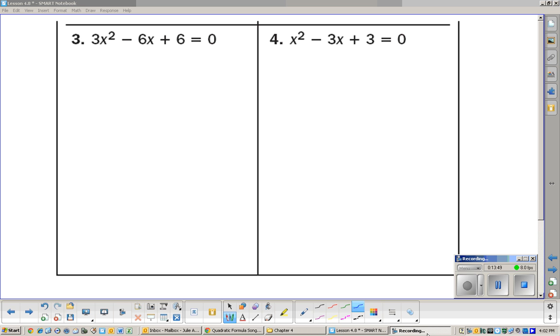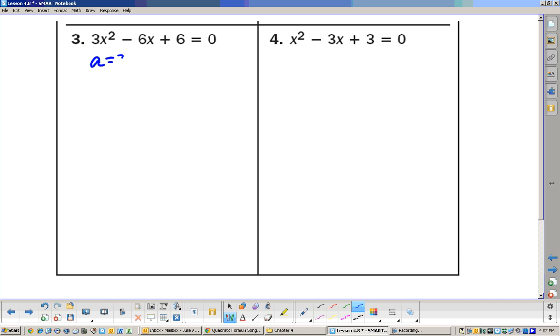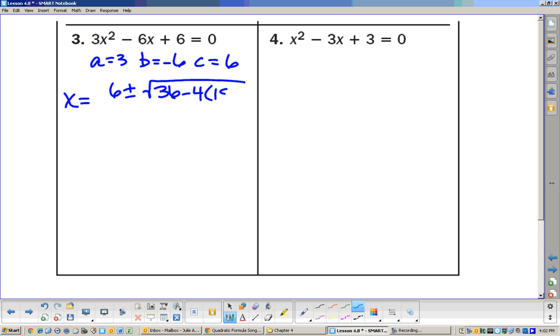So the first one: a is 3, b is negative 6, c is 6. x equals the opposite of b, plus or minus the square root of b squared minus 4ac. Let's see, 6 times 3 is 18, all over 2a, which is 6.